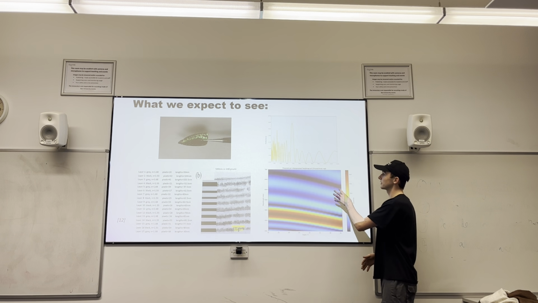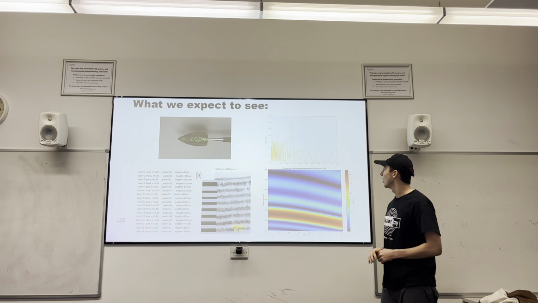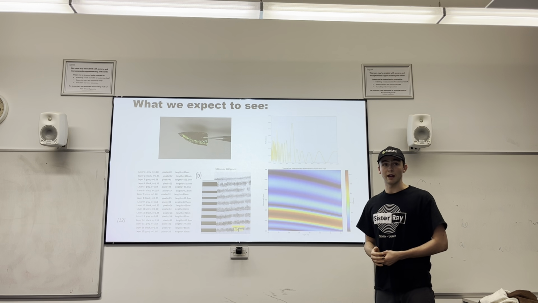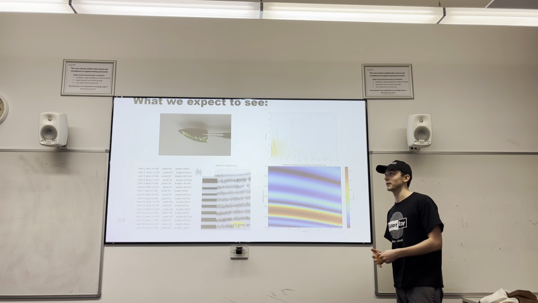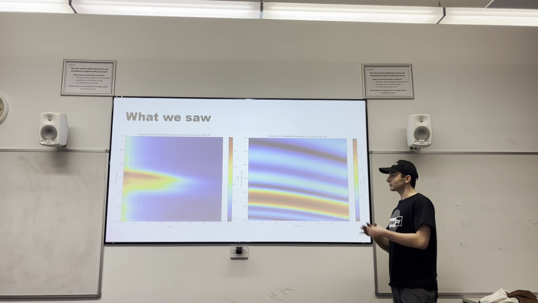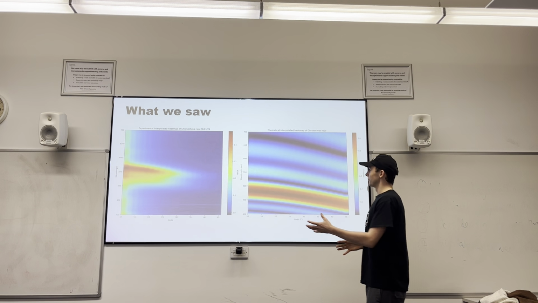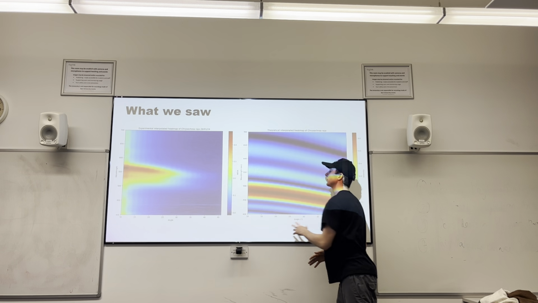And this is the theoretical heat map of the C. Raja beetle that we gathered. Let's see what we actually got when it came to experiment. This is what we actually gathered. Very different. Lots going on here.